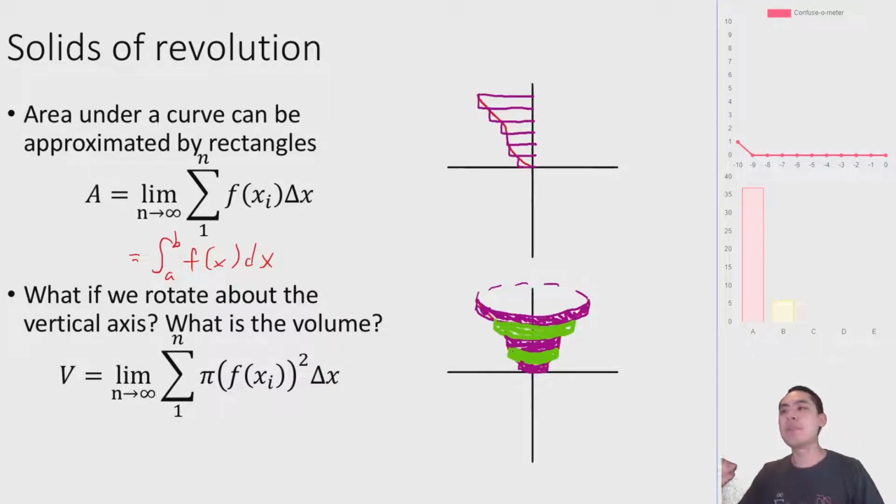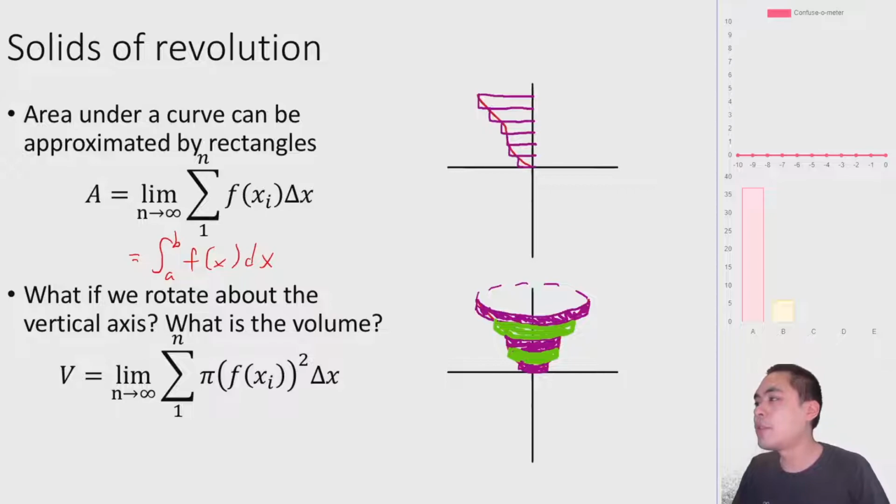You might first try going from 1 to 100, and then 1 to 1,000, and then 1 to 10,000, and each time you're getting closer and closer to the number that we've defined by this limit. And it turns out that when you do this as n goes to infinity, so when you have infinitely many tiny little slices, you actually get the area underneath the curve without any error.